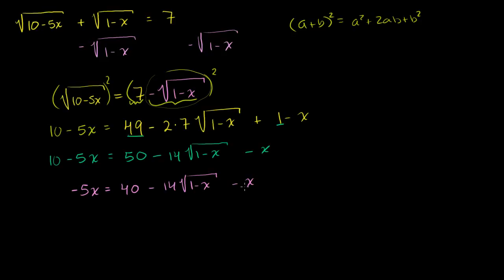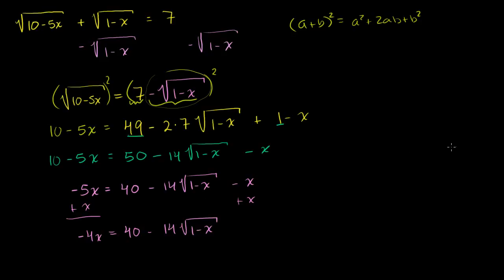And then we can add x to both sides, essentially getting rid of that character over there. So if you add x to both sides of this equation, the left-hand side becomes negative 4x. And on the right-hand side, this guy disappears, and you're just left with 40 minus 14 times the square root of 1 minus x.